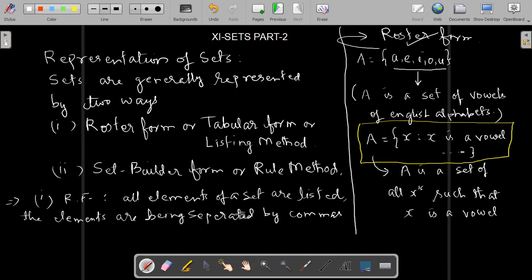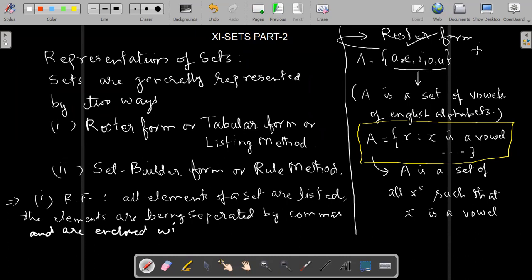You should know the definitions also. Elements are enclosed. First thing, they are listed. Second thing, they are listed with commas in between them. Third thing is, you can see the curly braces. They are enclosed within only this bracket.